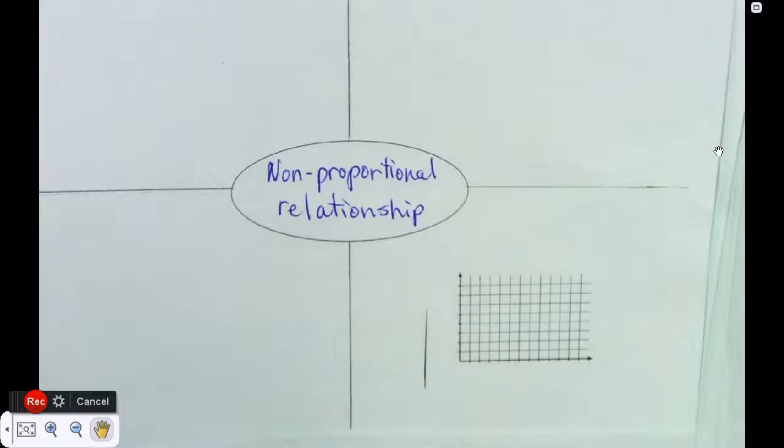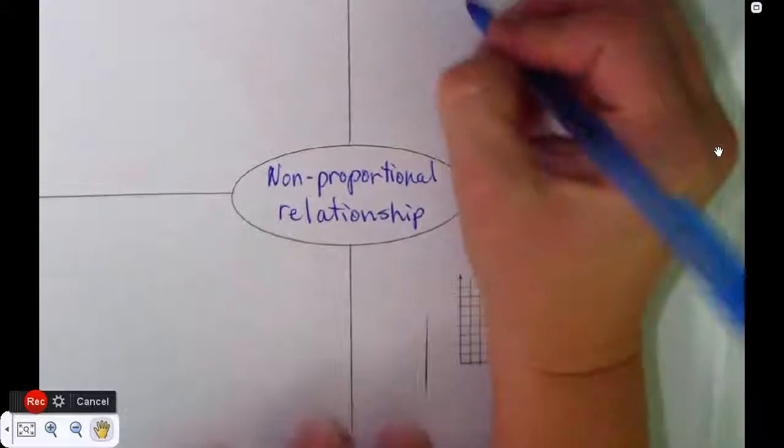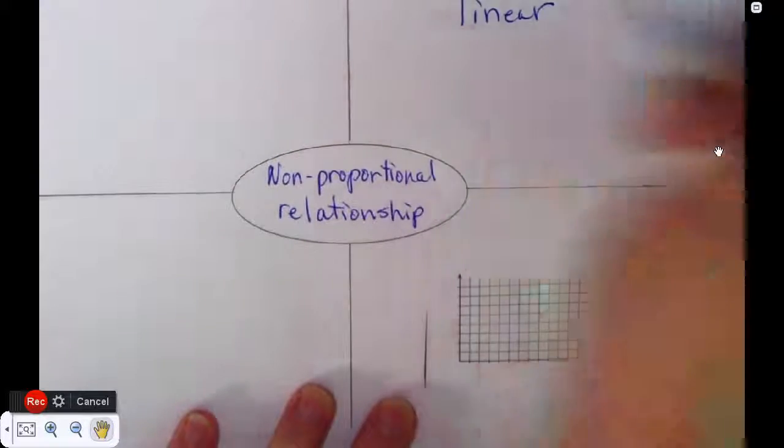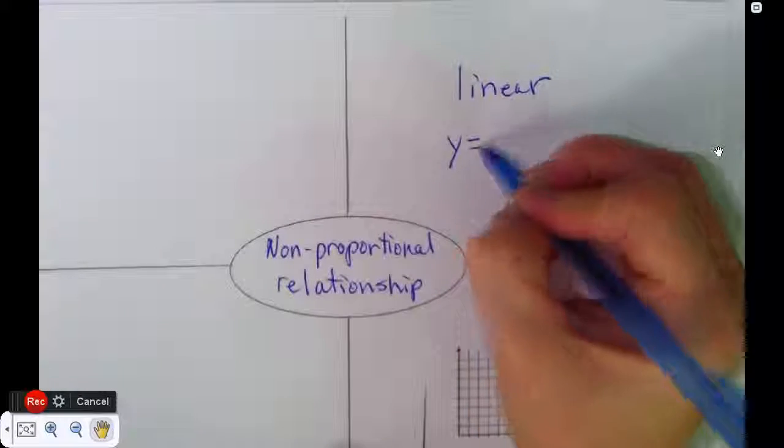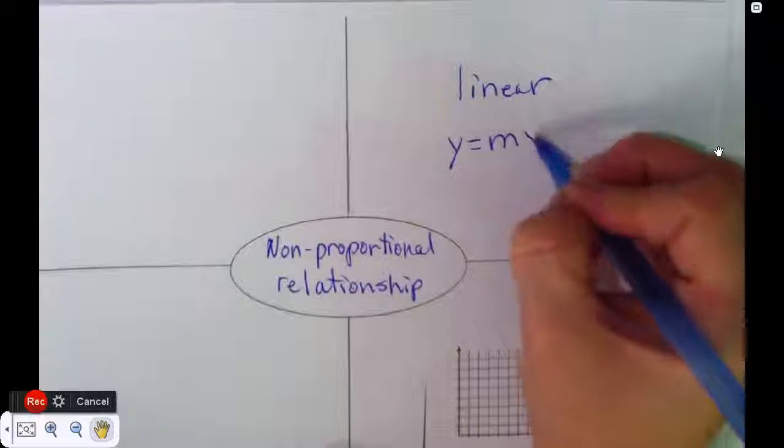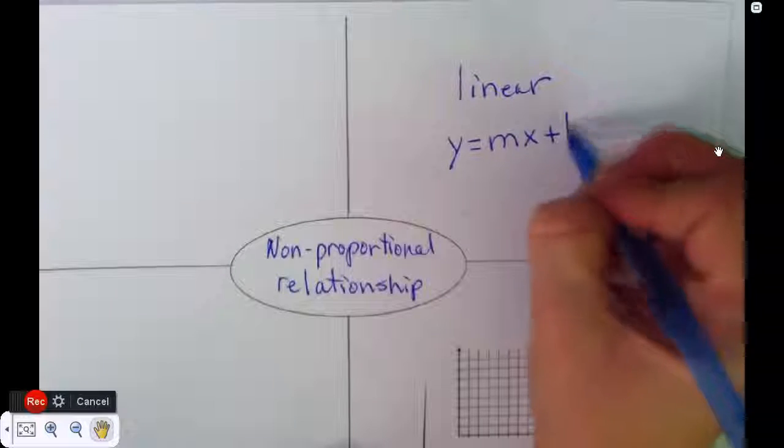Okay. If it's proportional, it's y equals kx, correct? If it's non-proportional, but it's linear, what is your equation going to look like? y equals mx plus b.